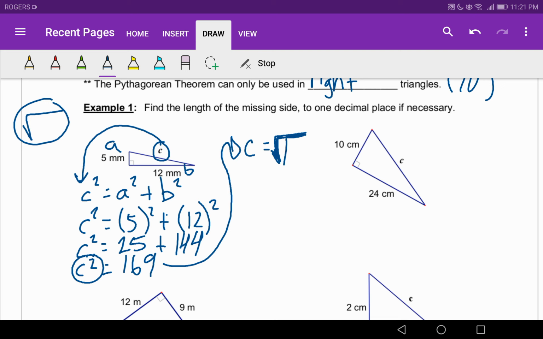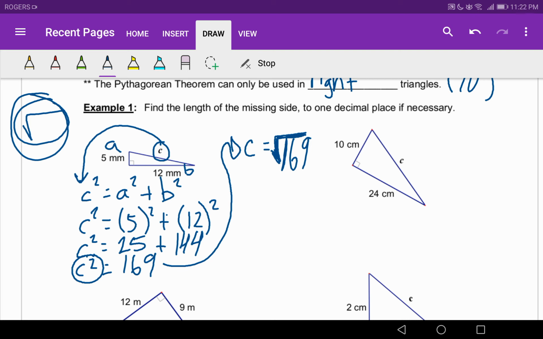If I were to do the square root of 169, some calculators you would first press the square root button and then press 169. Other calculators, you first put in 169, then press the square root button. So you really have to know your calculator, and all you can really do is trial and error and see what works for your calculator.